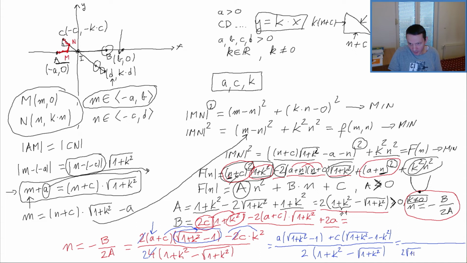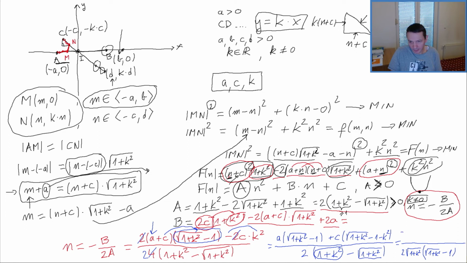I can take a square root of 1 plus k squared in front of parentheses. So from this another square root is left, and from this only minus 1.